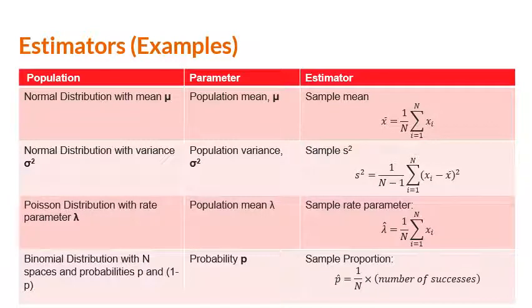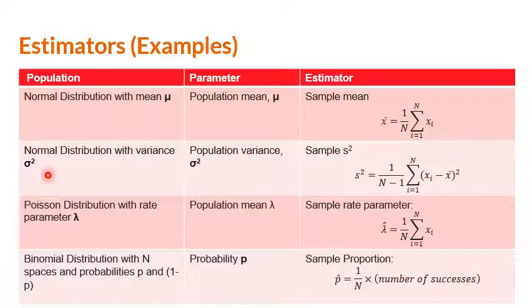Now some examples of estimators. You have your normal distribution with mean mu. Your parameter that describes your population that is normally distributed is your population mean, and your estimator, given that you take a subset of n subjects from your whole population, is your sample mean given here.